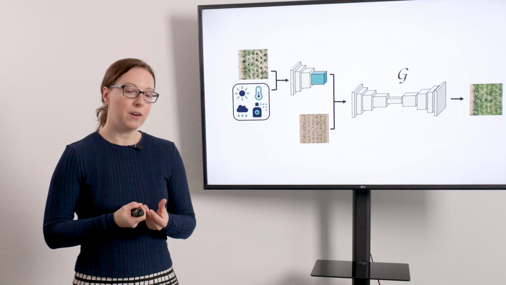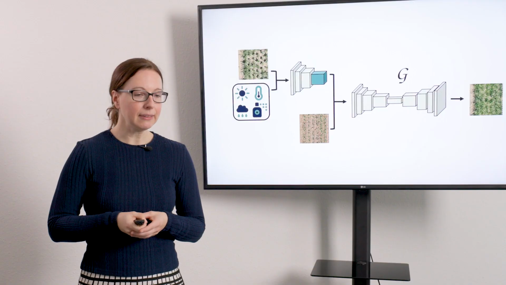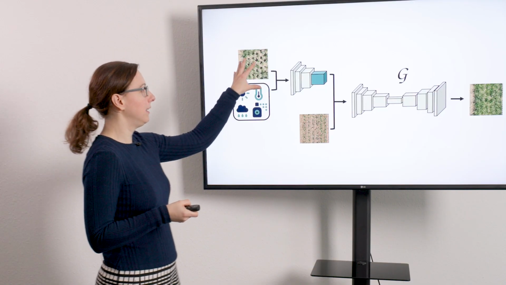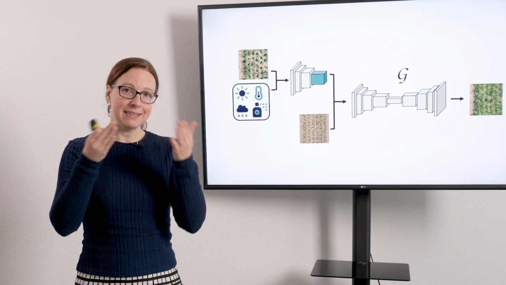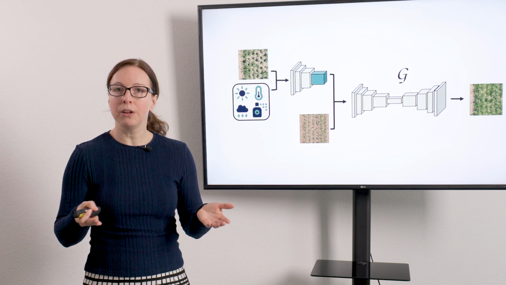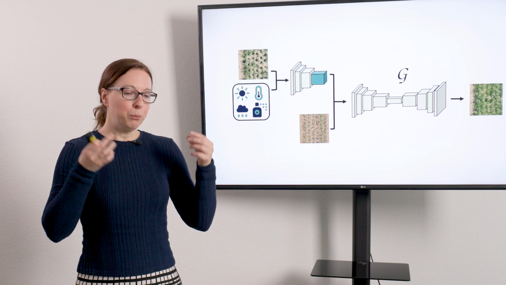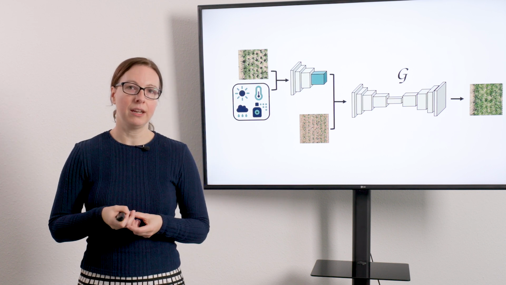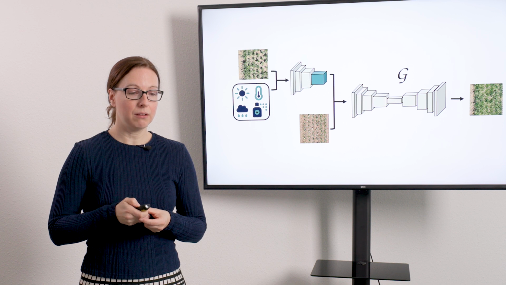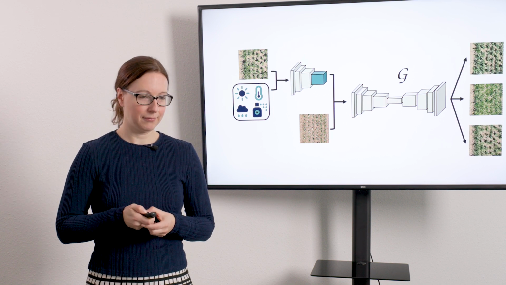These factors of variation are factors which influence the appearance of the plants. And the novelty of our paper is exactly this part. On the one hand, we learned the representation which is useful for the machine learning model. But on the other side, we can also easily and intuitively change these factors of variation so that we can produce different scenarios, different outcomes.